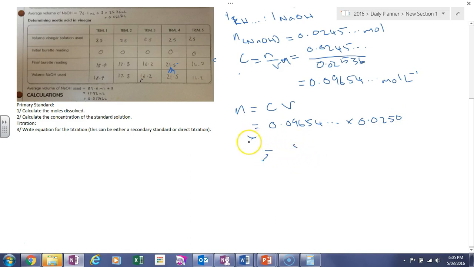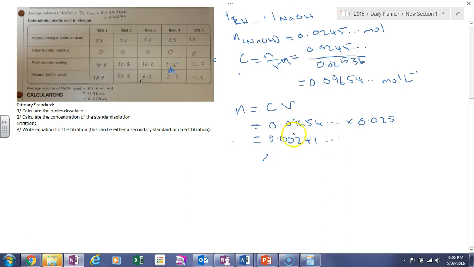Okay, and we now multiply this together. We times that by 0.025, which gives us a moles of 0.00241... All right. So that's nice and simple. That makes perfect sense. It's not like the numbers look like they all match up.